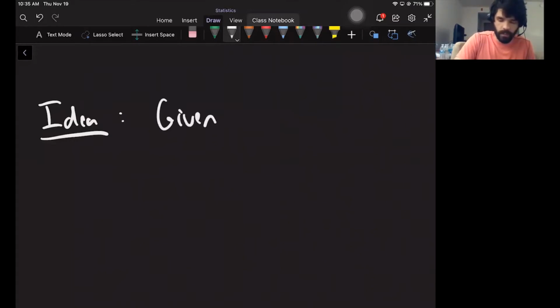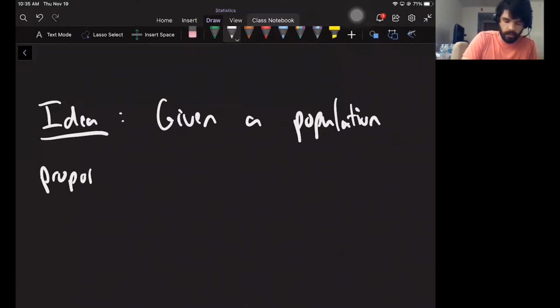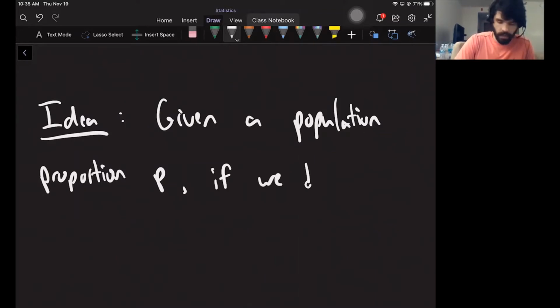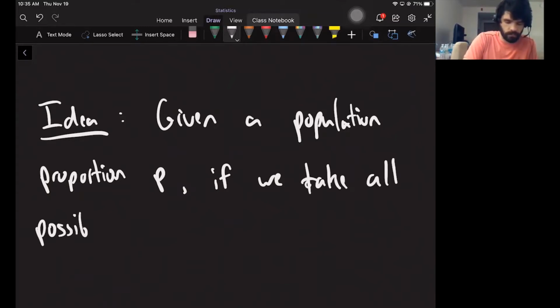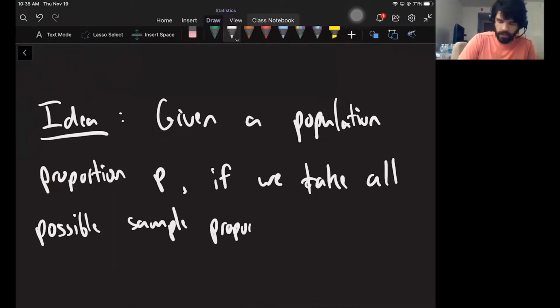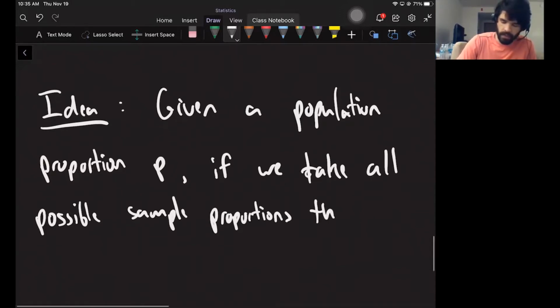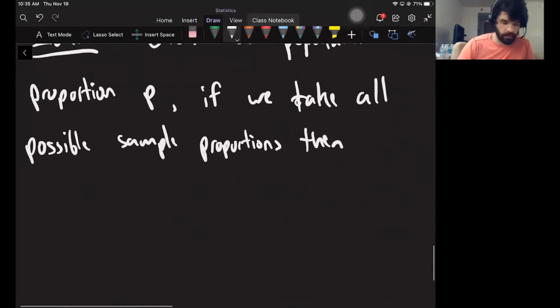Given a population proportion P, which in the previous example was 0.15, the idea is that if we take all possible samples and get all the proportions from those samples, then just like with sample means, we get a normal distribution.